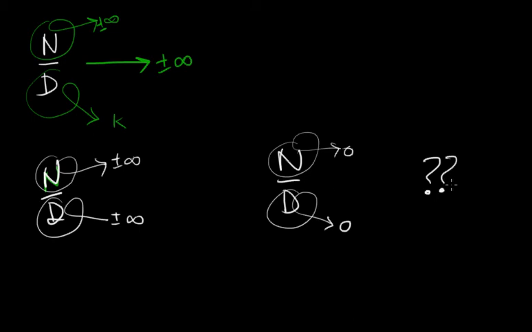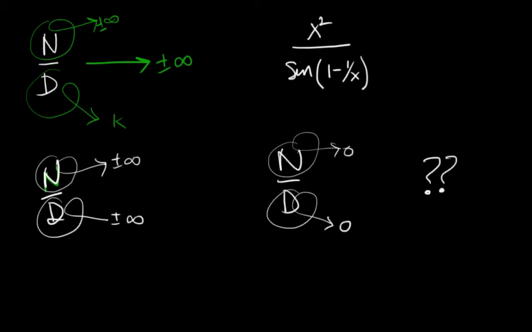Let me go back up here to this one and see if I can think of an example. Numerator becoming unbounded over denominator a constant. Well, let's put x squared on the top, and the bottom we want to go to a constant. So, well, how about the sine of 1 minus 1 over x again?